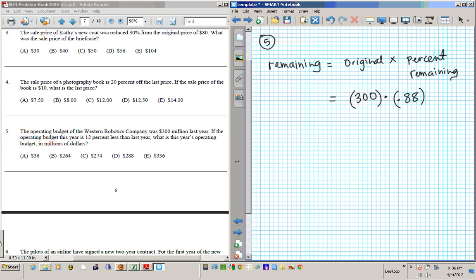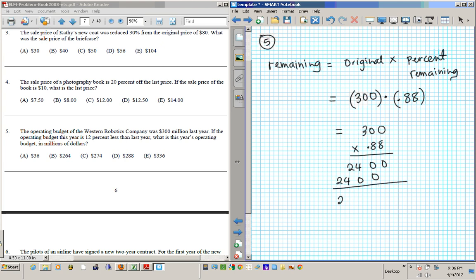So I'm going to go 300 multiplied by 0.88. All right, let's be careful with our multiplication here. 8 times 0, 0, 8 times 0, 0, 8 times 3, 24. Now we're going to go to the tens place: 8 times 0, 0, 8 times 0, 0, and 8 times 3, 24. Add it down.